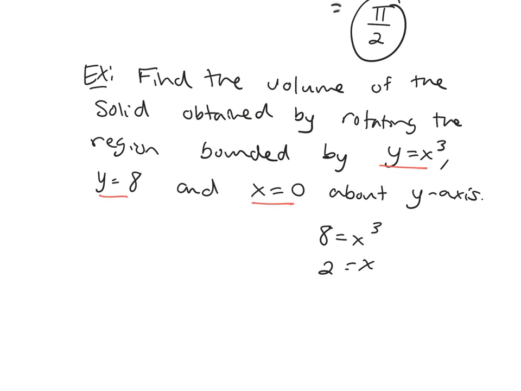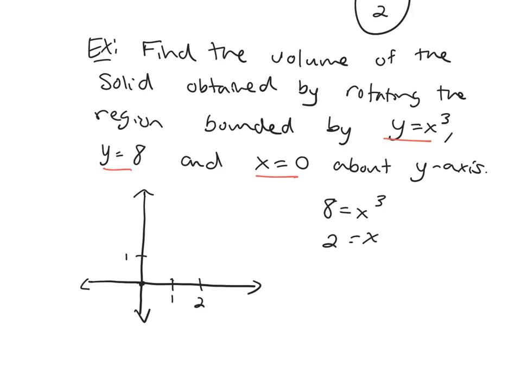So I'm ready to draw this graph now for you. Zero, 1, I get 1. But when I plug in 2 into y equals x cubed, I'm going to get 8. So I get 8 here.